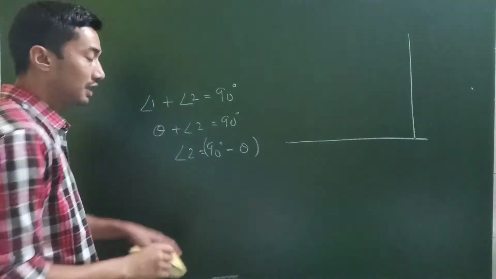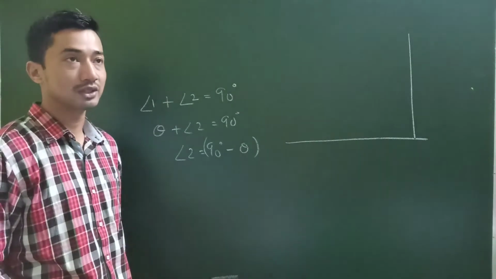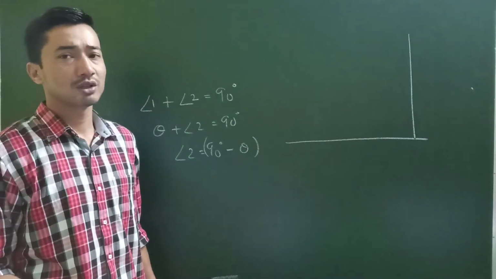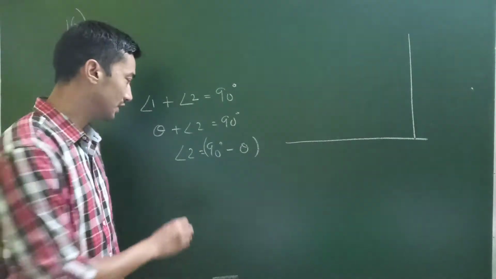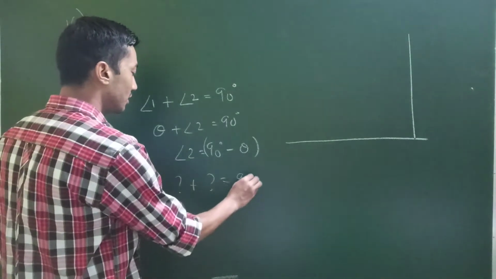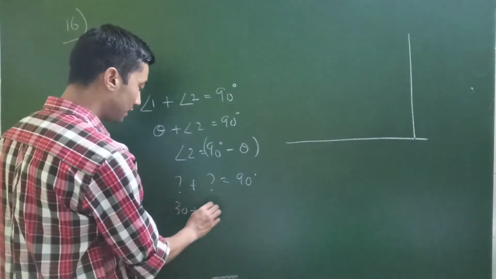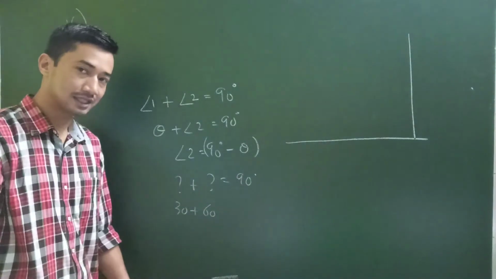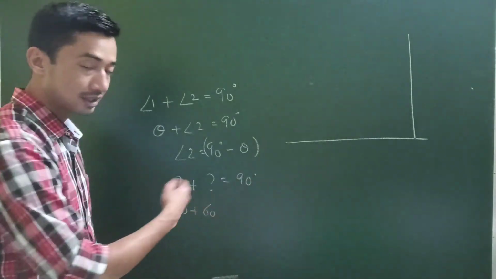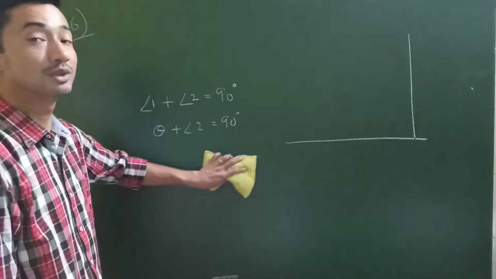For example, if one of the angles is 30 degrees, the other will automatically be 90 minus 30, that is 60 degrees. So this concept of complementary angles will be required here.